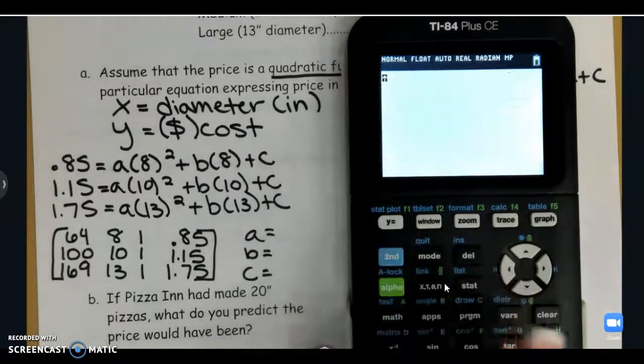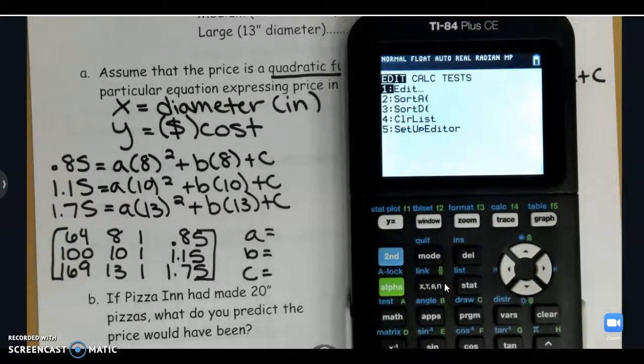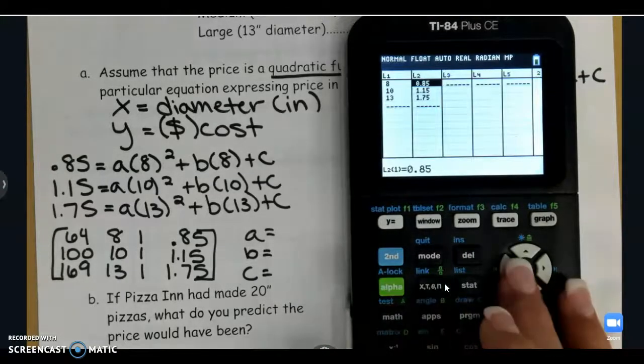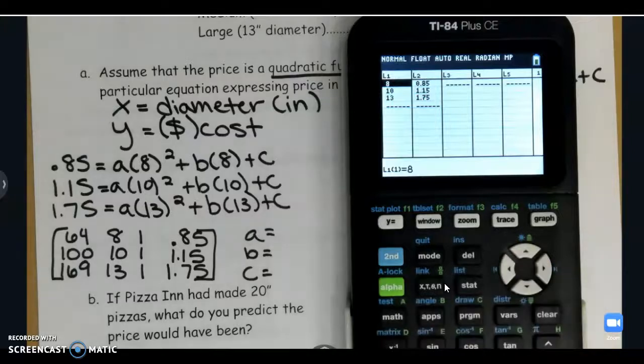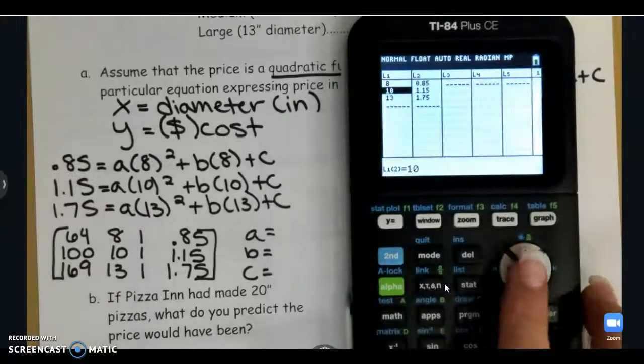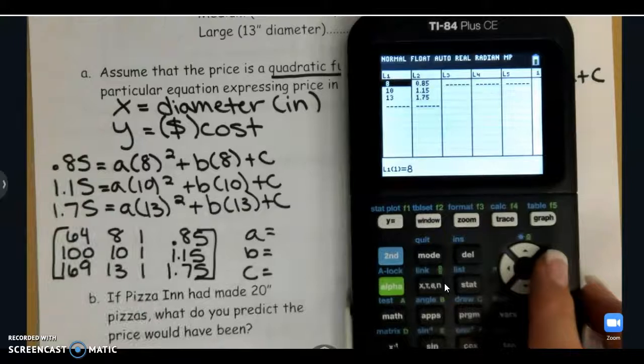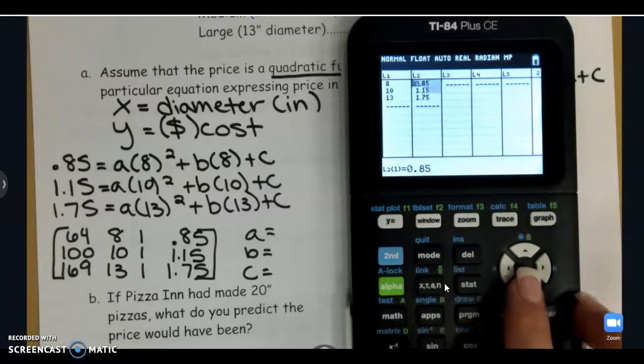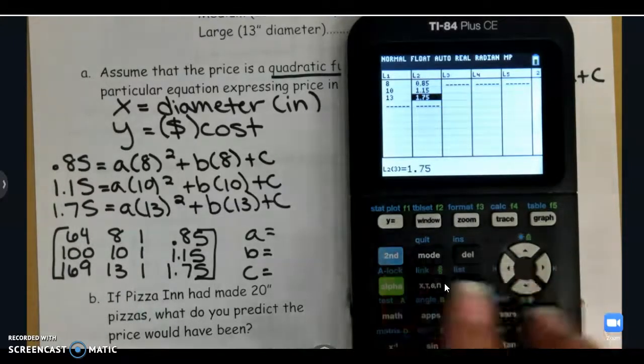Stat, edit, and here we're making 2 lists. We have list 1 and list 2, and this is where we're going to put in our x and our y. So in list 1, we want to type in our x values. I already have mine here, 8, 10, and 13. And in list 2, we're putting our y values. So 0.85, 1.15, 1.75.